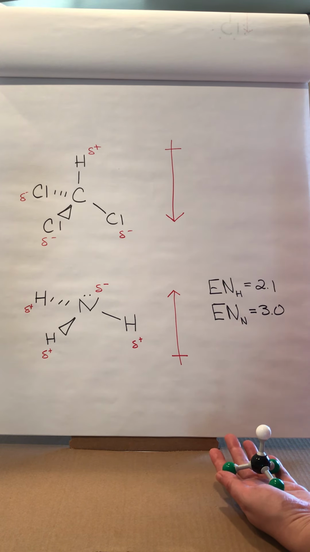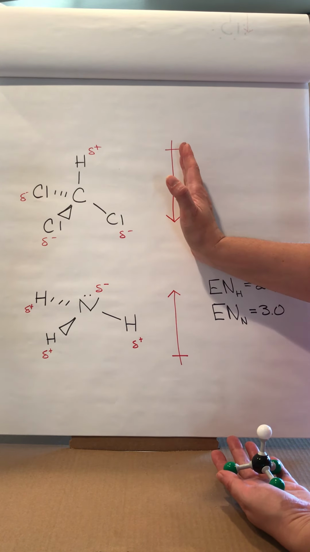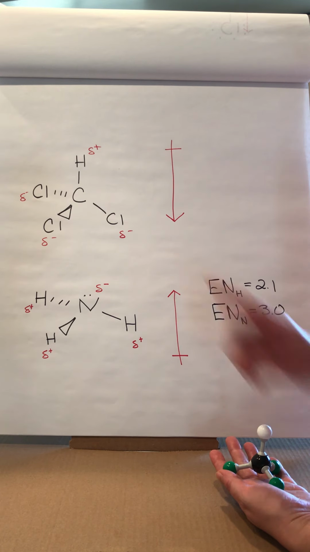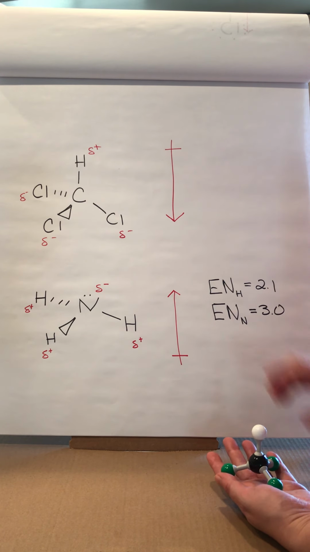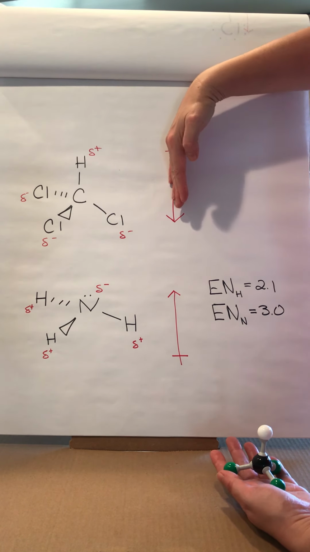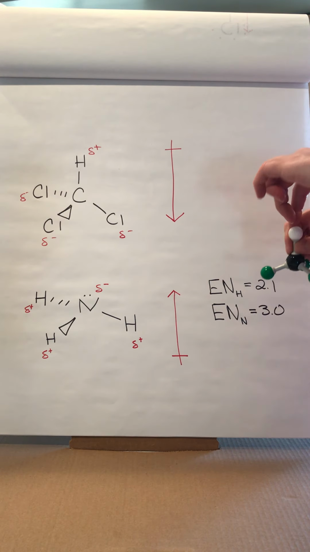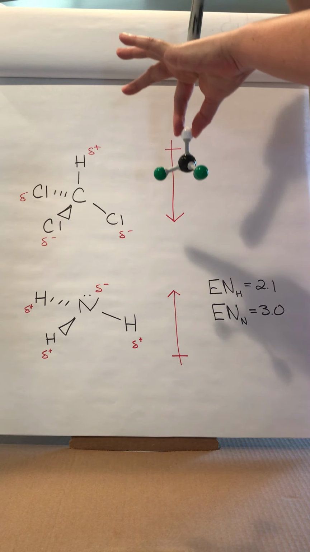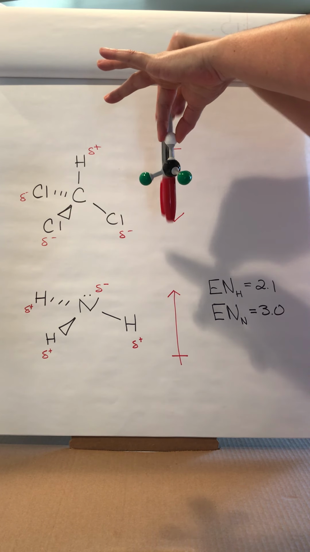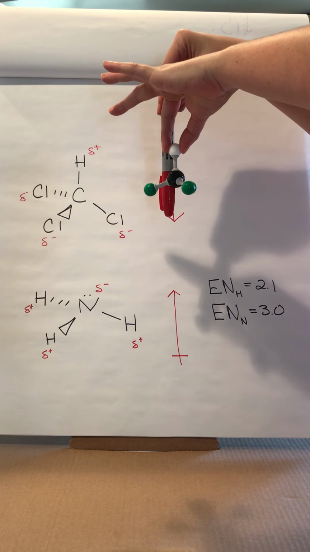Now we could also write the dipole moment off to the side, but remember, again, you wouldn't write both of these. It's one or the other. You could put the dipole moment over here, or you could put the dipole moment right in the center of the molecule, indicating that it's pointing down like that.